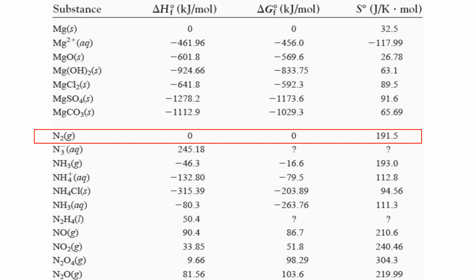So for nitrogen, the standard enthalpy of formation is 0. The standard entropy is 191.5 because it is in the gaseous state. You expect a higher degree of disorder and therefore a higher value for entropy.